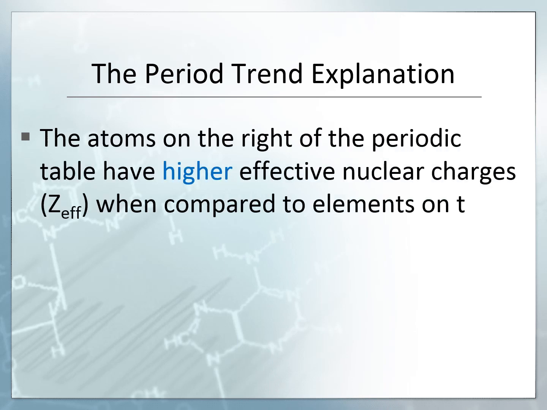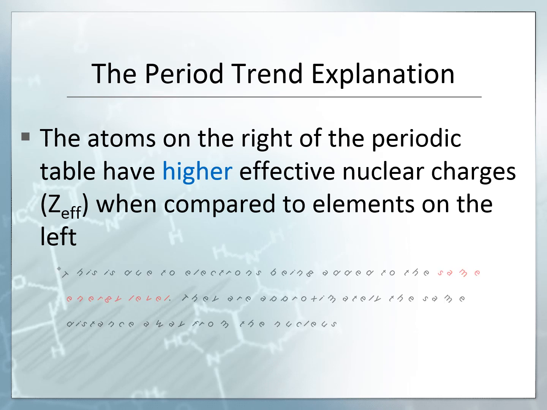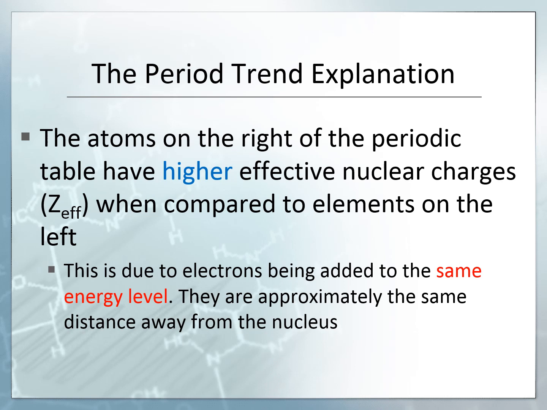If the elements are in the same period, the atoms on the right of the periodic table will have higher effective nuclear charge compared to elements on the left. This is due to the electron being added to the same energy level.